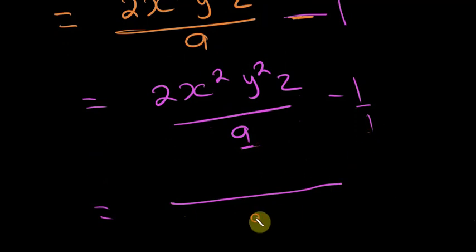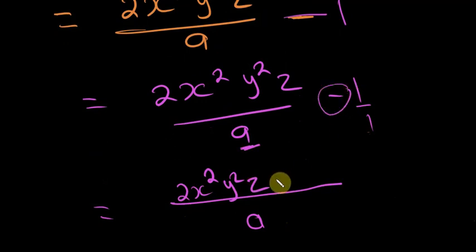A times 1, that is a, becomes our denominator. Write this one as it is, 2x squared y squared z. Bring down the sign, minus, multiplied by, how many times does 1 go into this denominator, that is a times, so minus a.